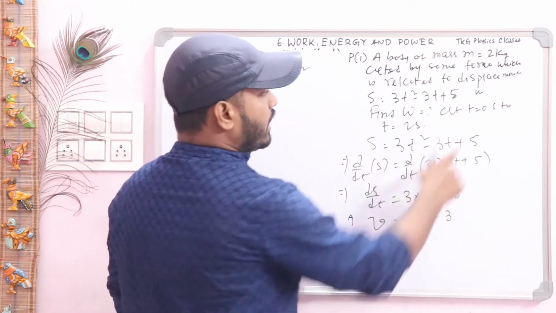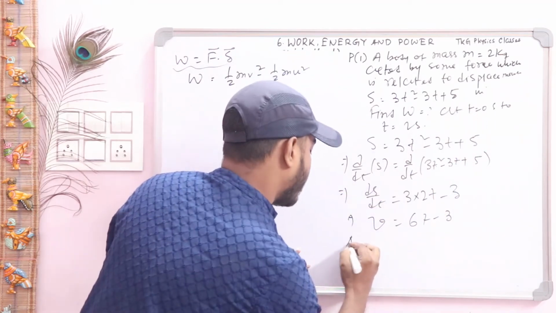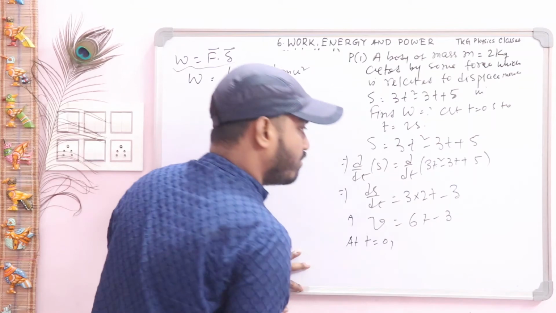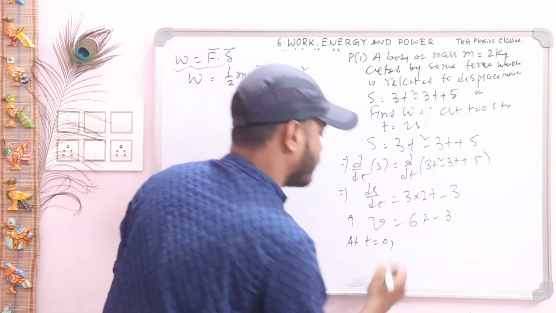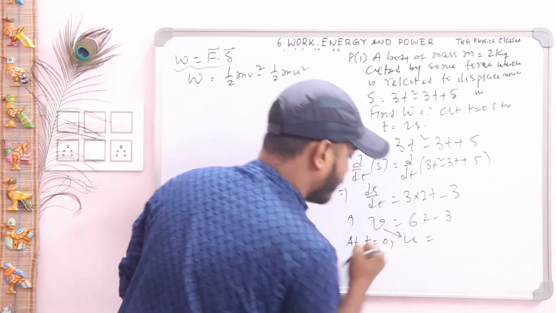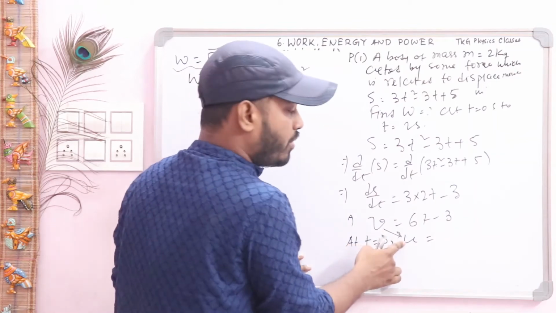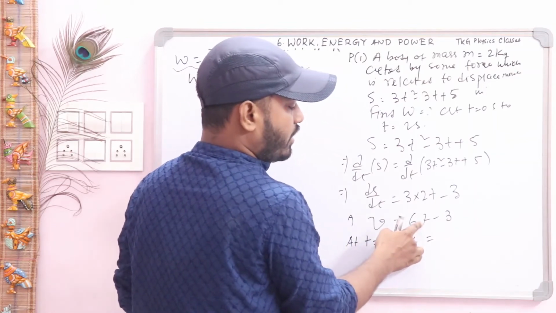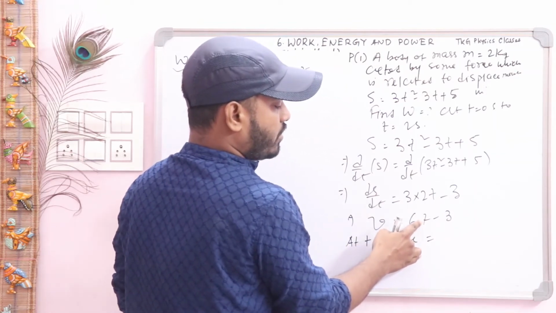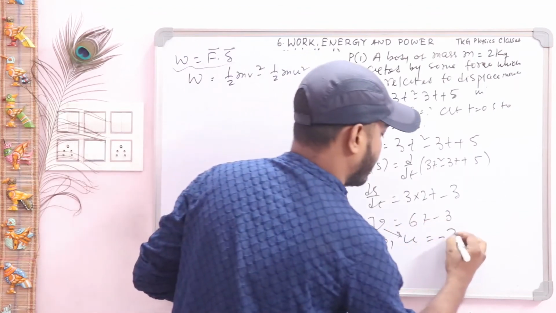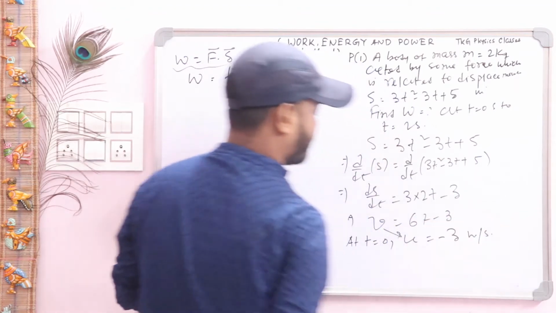Now see, at t equal to 0, the velocity will be the initial velocity, so this one will be u. When t is 0, you get 0 minus 3, that is minus 3 meter per second.